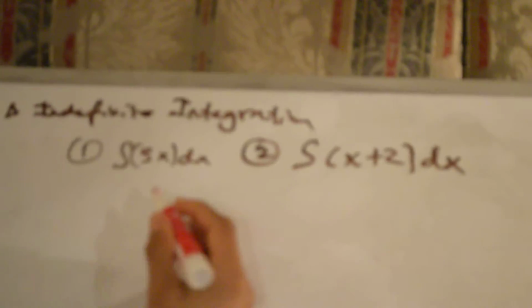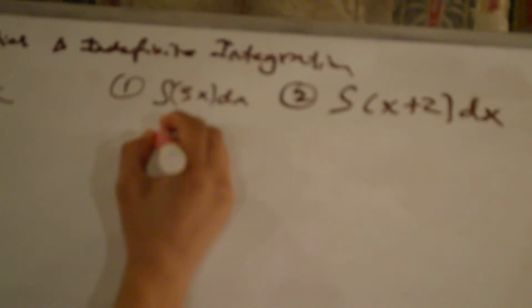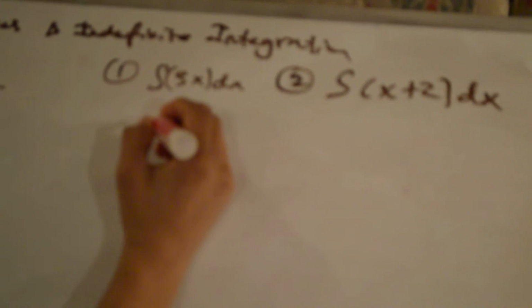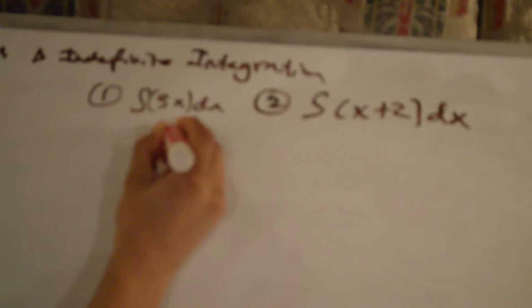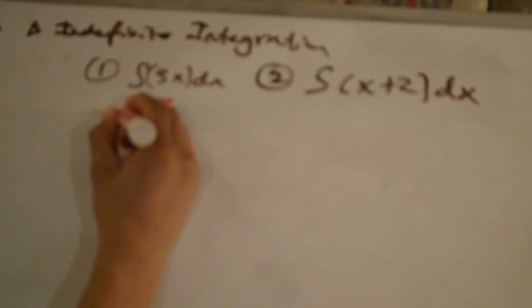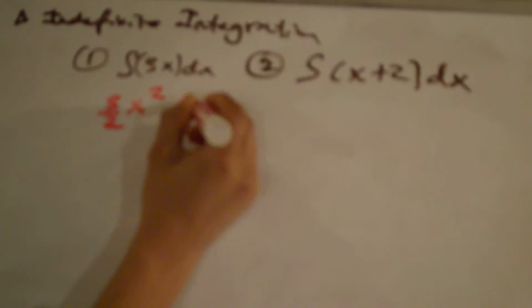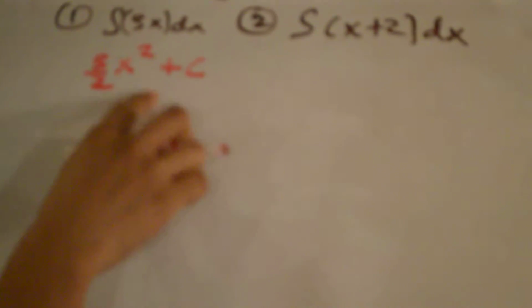And let's just do one over here. We're finding the antiderivative of 3x. First of all, you're going to have x squared times 3/2 plus c. So that's the answer. The way I do it is I first look at the power here.